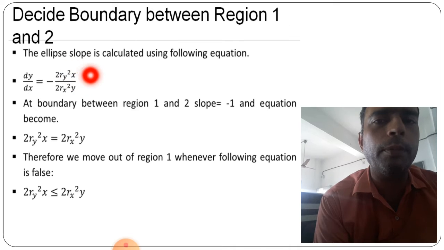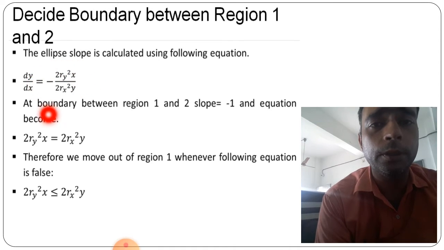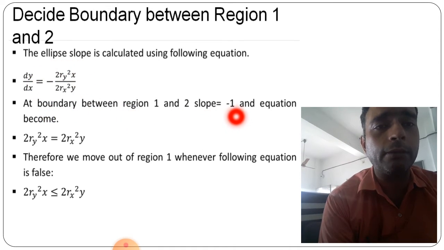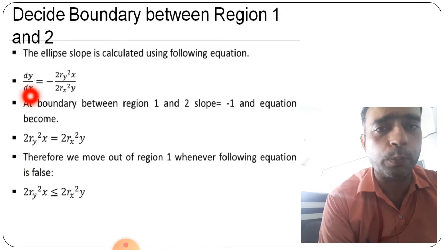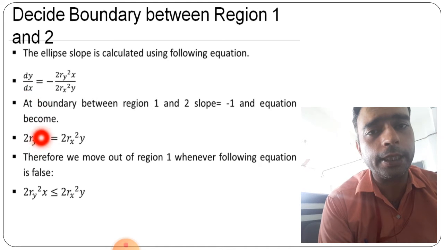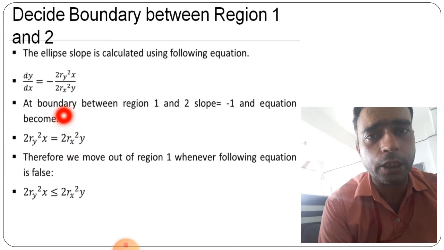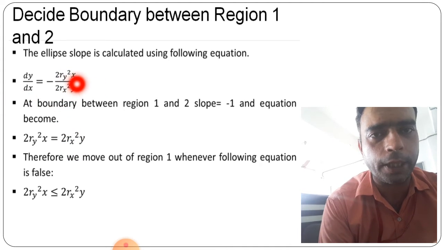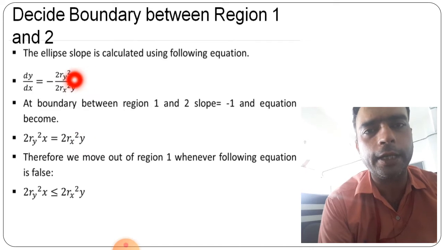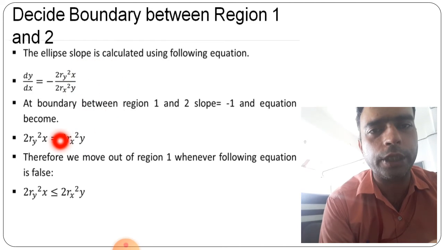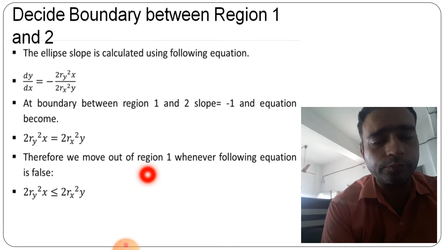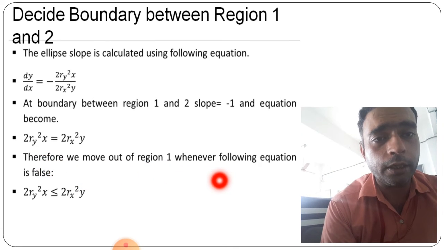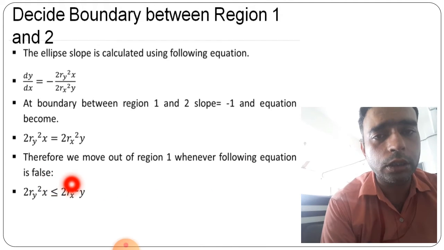So this is the particular formula through which we are calculating the slope at the boundary region, that is equal to -1, and the equation becomes like this. अगर slope -1 होगा, तो these two parts will be equal to each other. And finally therefore we move out of region 1 whenever the following equation is false.